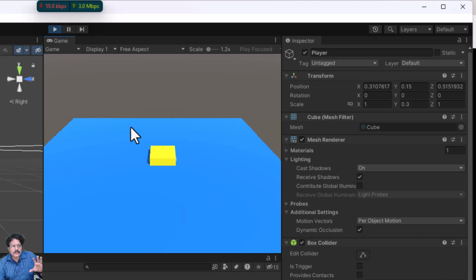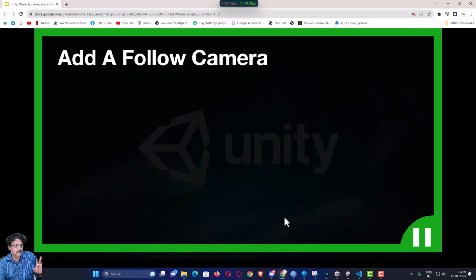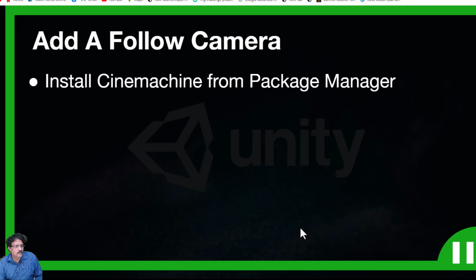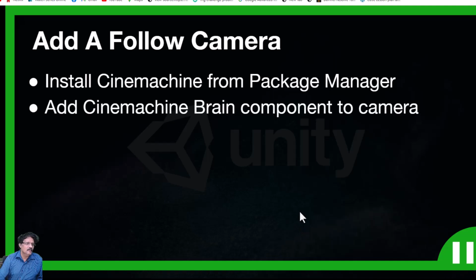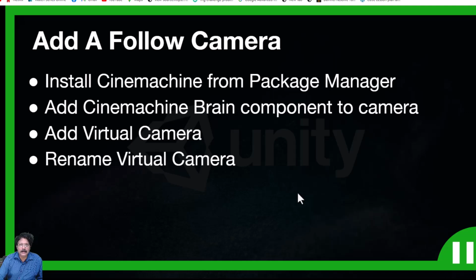Let us review what steps we followed to add a follow camera. First, we installed Cinemachine from the package manager. Then we added the Cinemachine Brain component to our main camera. Then we added the virtual camera, named it virtual follow camera, and then renamed it as the camera.